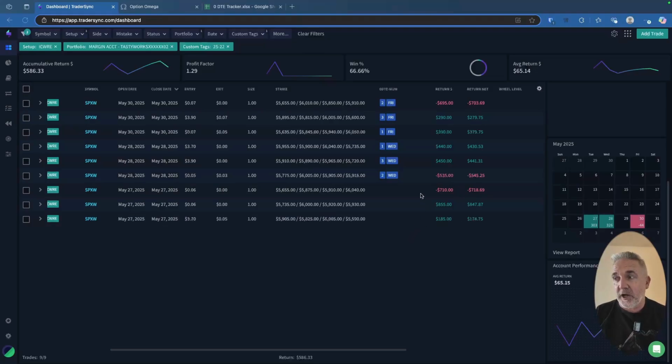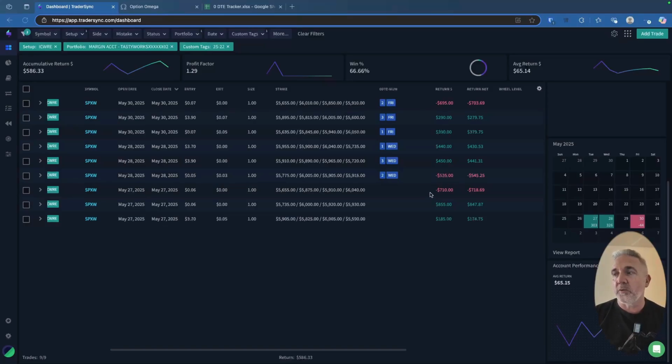I hit my stop loss, which is set at about $16.50. So when I enter this trade, I collect about $9, and then the stop loss is set for $16.50. So this is about what I would lose if I hit that stop loss. So I hit it here, hit it again here, and it looks like I hit it there as well.